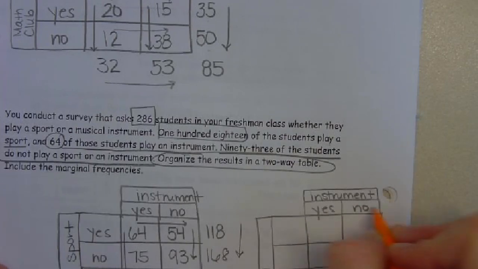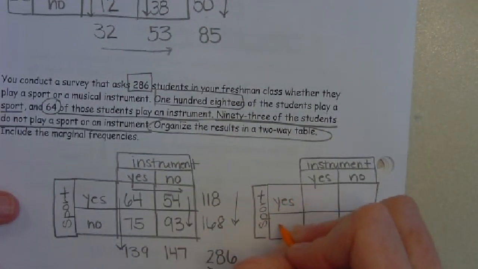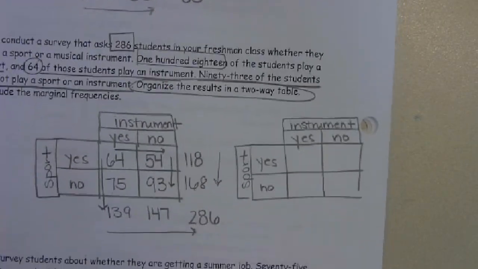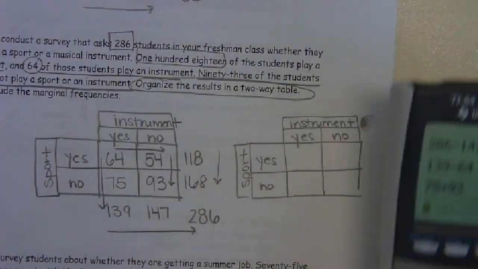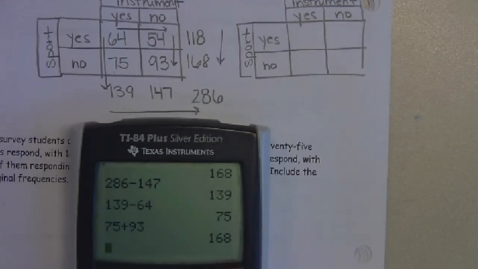The first thing I'm going to do is copy this over again. It's not that hard, but you have to actually see where we're getting the values.